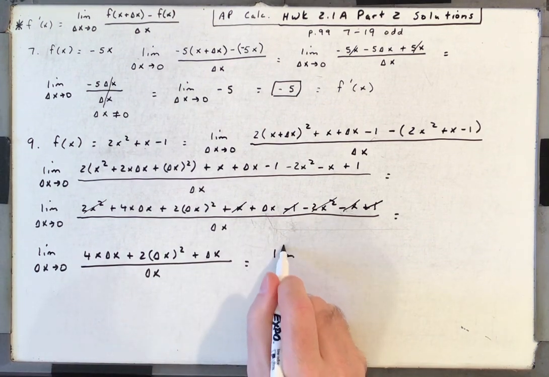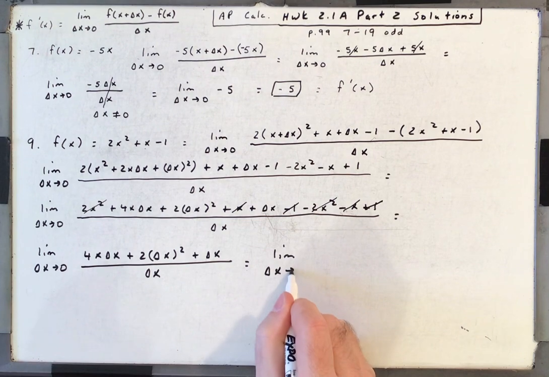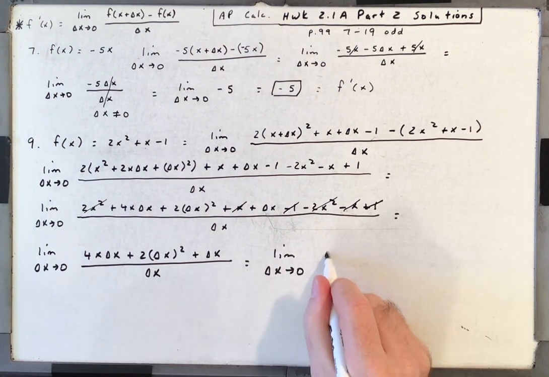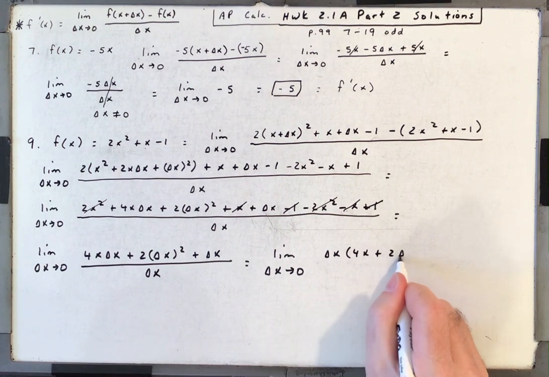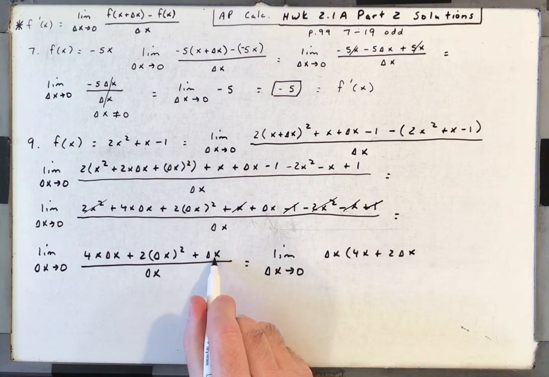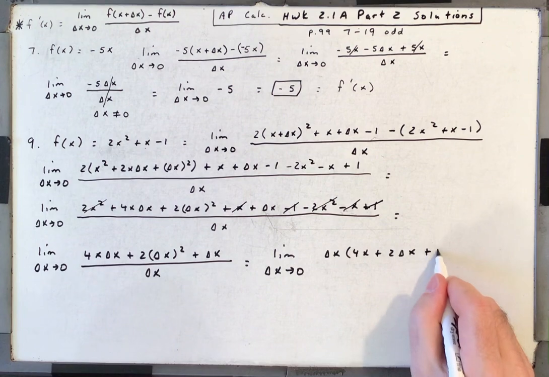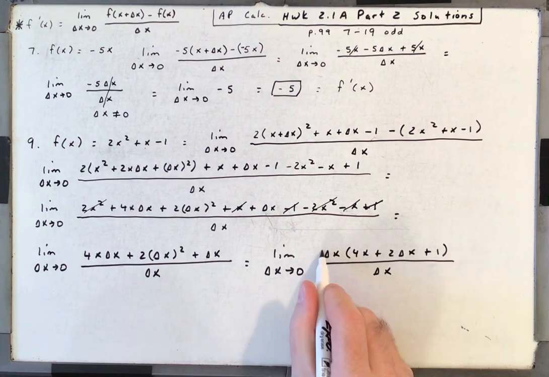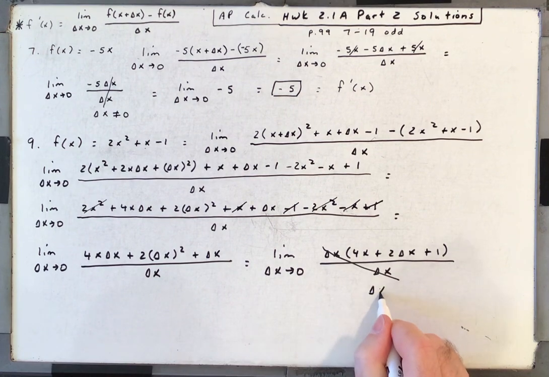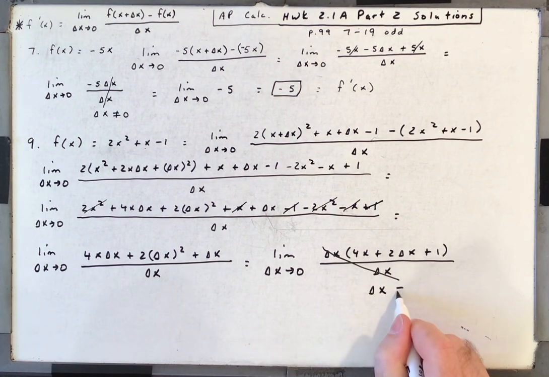What are we going to do to the top? You tell me. Going to factor out a delta x. So 4x plus 2 delta x. What happens if you factor a delta x out of a delta x? You get a 1. We can cross out that delta x. That was the troublemaker.